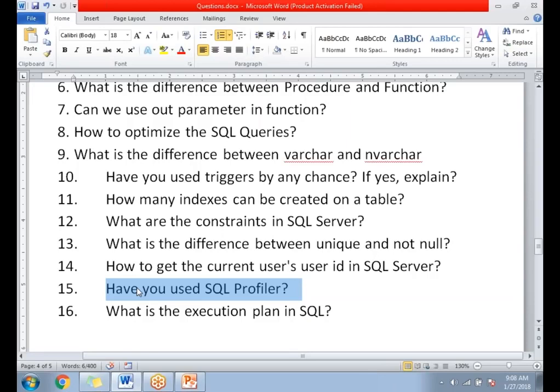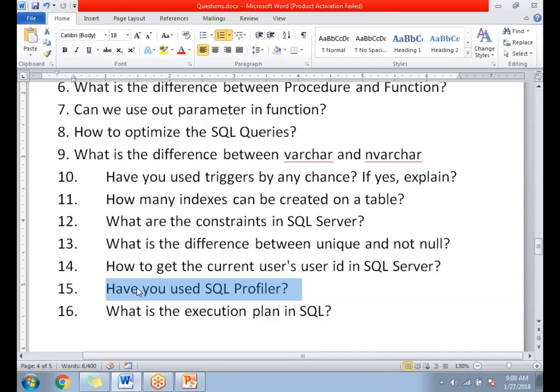You can easily track it with the SQL profiler: based on the user id, based on the database, or based on particular text. This is one of the important tools for all the SQL developers who write and execute queries. SQL profiler is the GUI provided by Microsoft for SQL developers. It's a very good one.